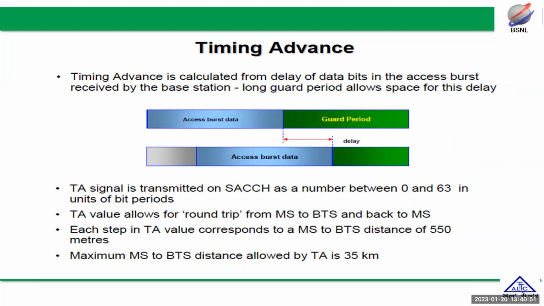The maximum MS to BTS distance allowed by timing advance is 35 kilometers, because if you multiply 550 by 64, it comes to 35 kilometers.